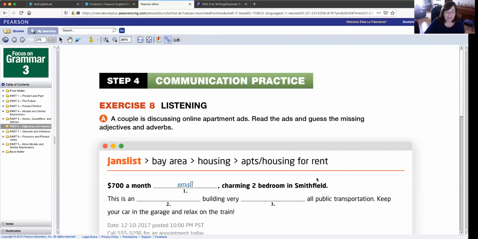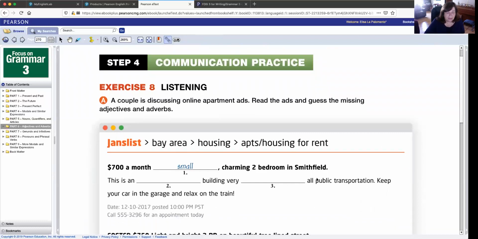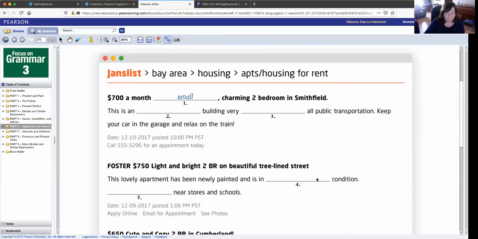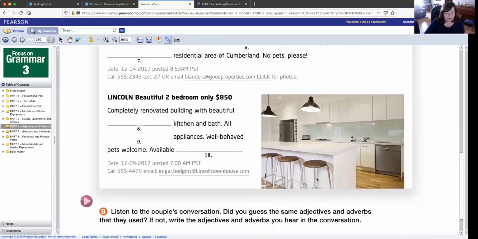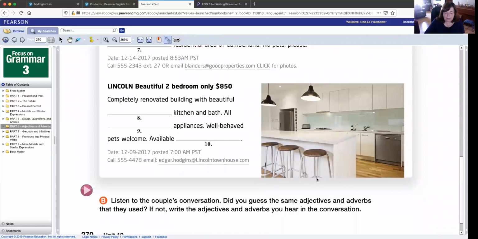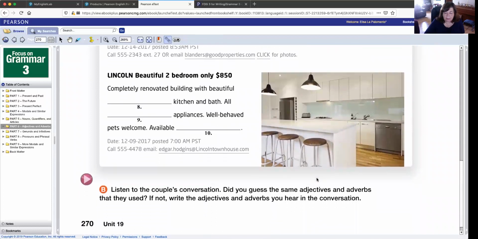This is a listening exercise. I bet here we can just listen to it. Let's see. Listen to the couple's conversation. Did you guess the same adjectives and adverbs that they used? If not, write the adjectives and adverbs you hear in the conversation.